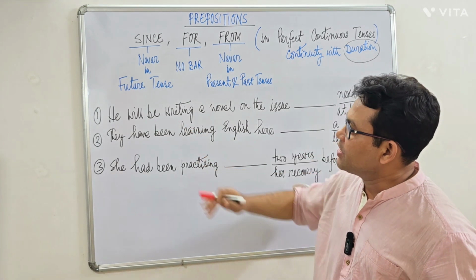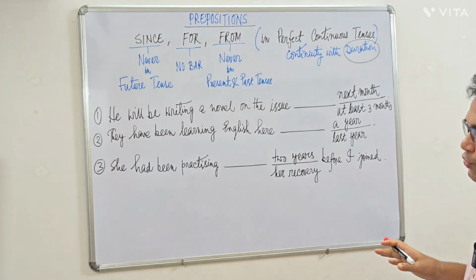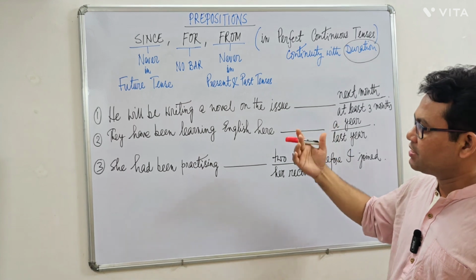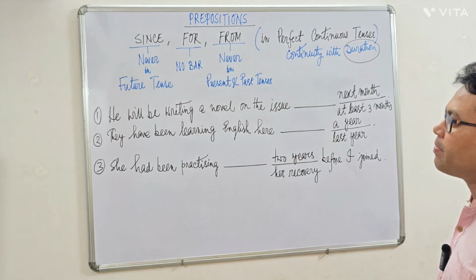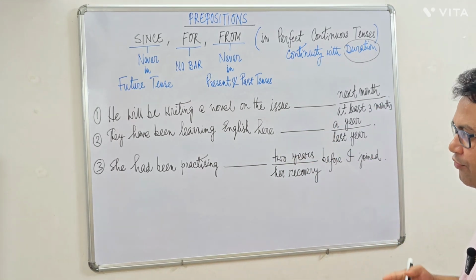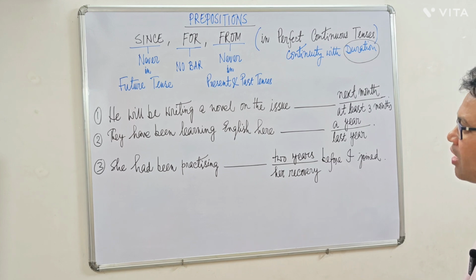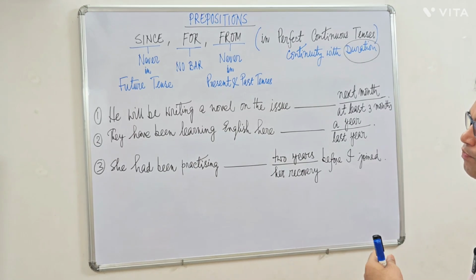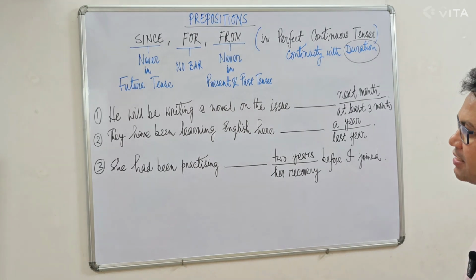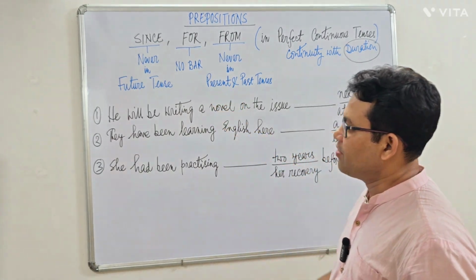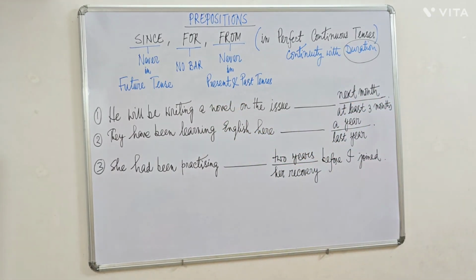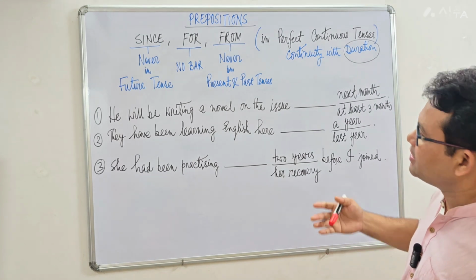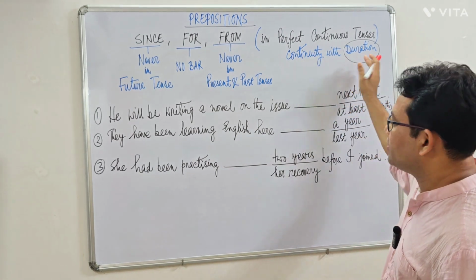Okay, first sentence: he will be writing a novel on the issue. Now this is future continuous tense. We know that the future perfect continuous tense is not in vogue. It is no more in practice that way. So we express the idea of future perfect continuous tense through future continuous these days. That's why here we have a future continuous tense which is indicating the idea of continuity with duration.